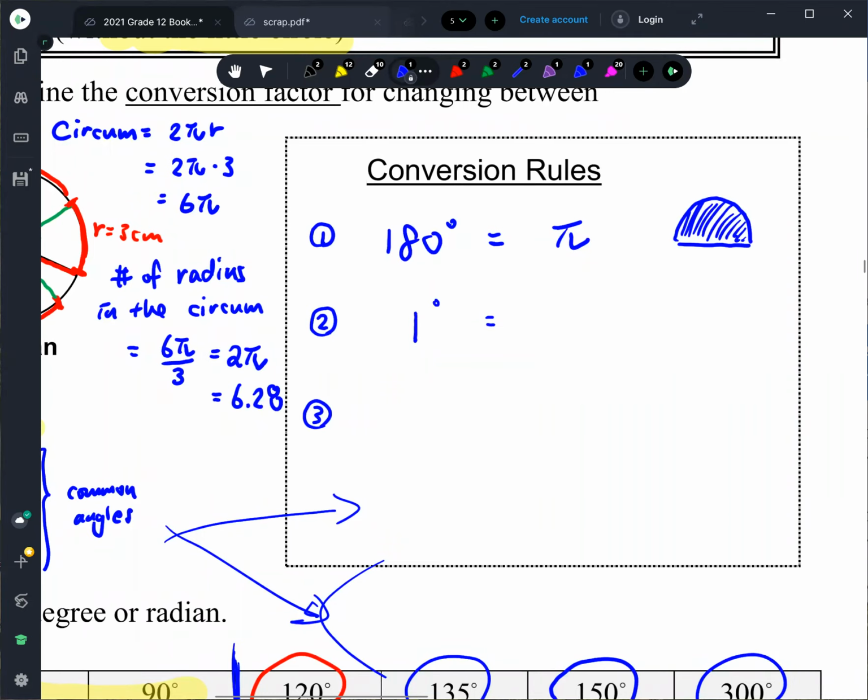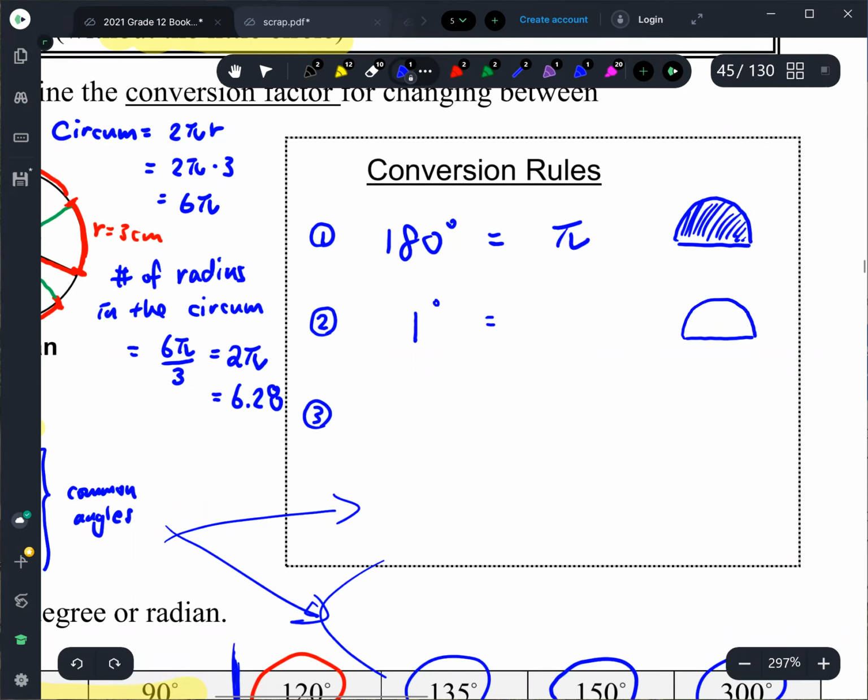So on the picture, this is 180 degrees, I only want 1 degree. Very tiny, 1 degree. So I need to divide into 180 parts. If we do that on both sides, it will be pi over 180. Make sense?